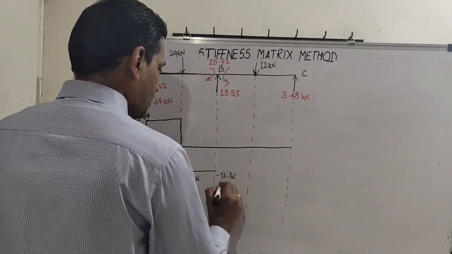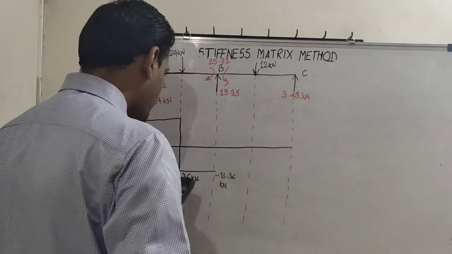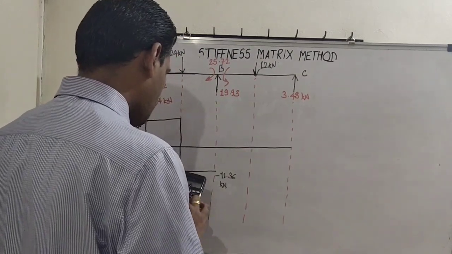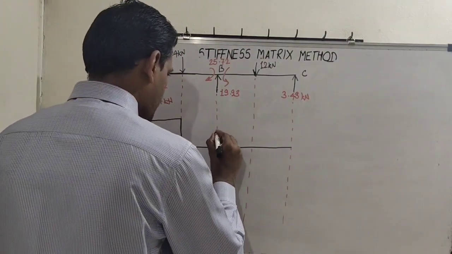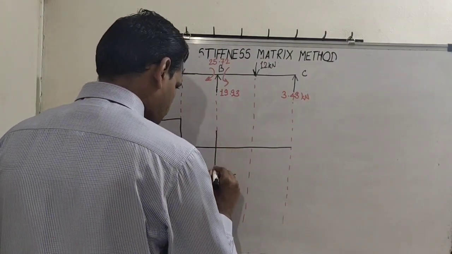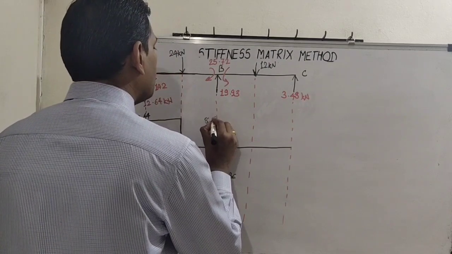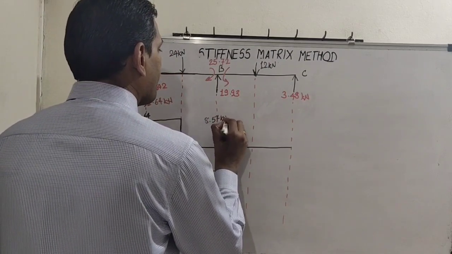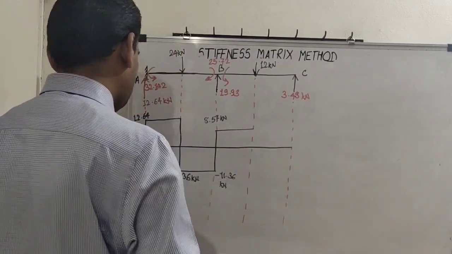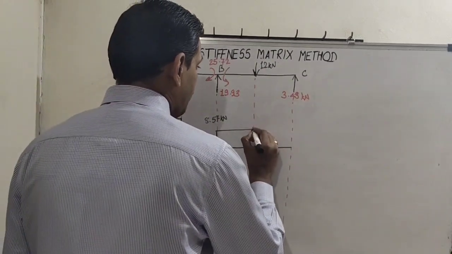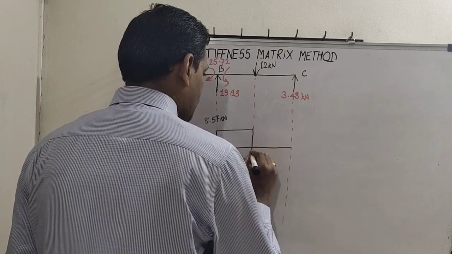Okay, in this you add now 19.93, so plus 19.93, it will give us 8.57 somewhere here. Then minus 12, so again 3.43 with minus sign.